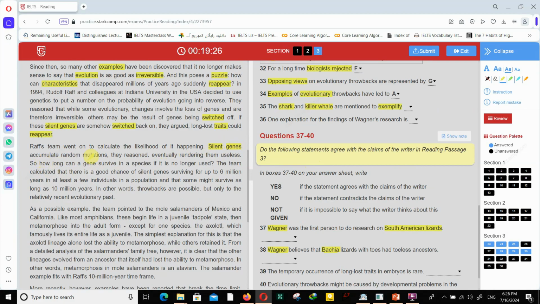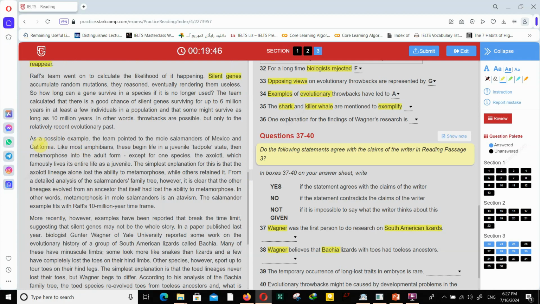So how long can a gene survive in a species if it is no longer used? The team calculated that there is a good chance of silent genes surviving for up to 6 million years in at least a few individuals in a population, and that some might survive as long as 10 million years. In other words, throwbacks are possible, but only to the relatively recent evolutionary past.